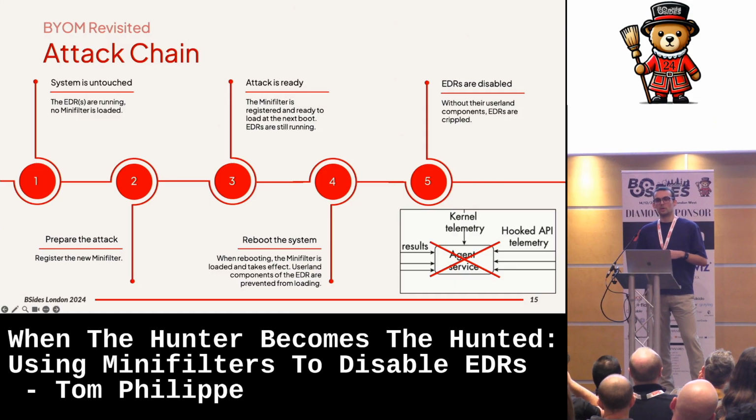And once loaded, the Minifilter starts filtering events. And when the EDR tries to start its service, it tries to go to its executable, tries to load that image. Minifilter says no. So no image load means no EDR service, means pretty much no EDR agent running at all on the system. And that's step 5, where the agent service is not running anymore.